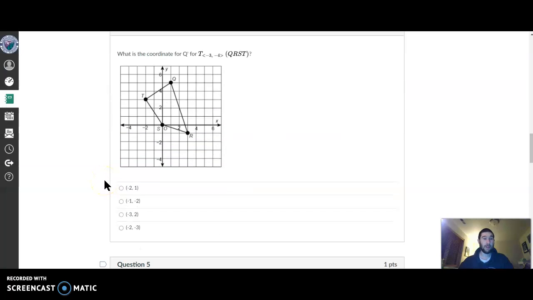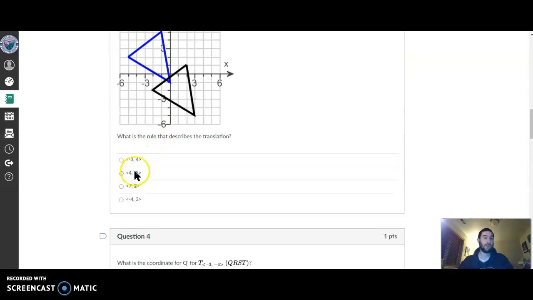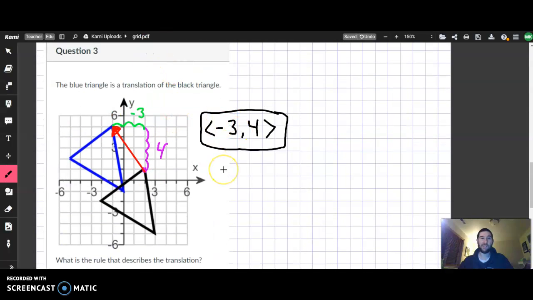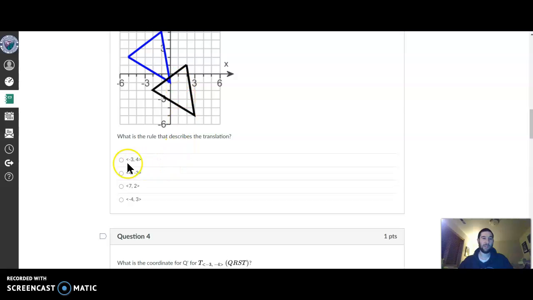Question 4 is looking at the coordinate of q prime for t given the rule. And so here we're taking the shape and we're going to be translating it down 3, or sorry, not down 3, left 3, and then down 4. Sorry, before I continue, let's go ahead and select the option that we talked about a second ago, just to make sure and feel good that it's right there.